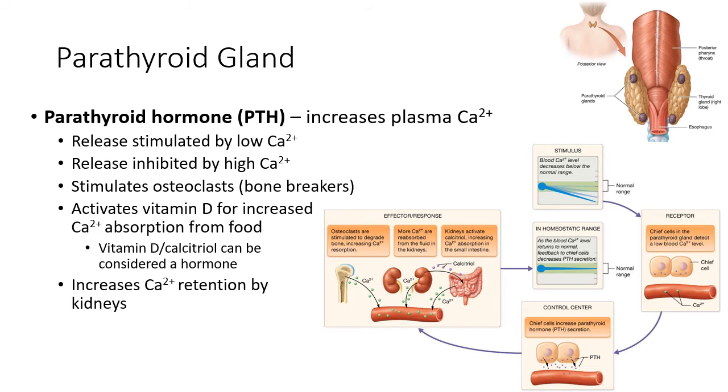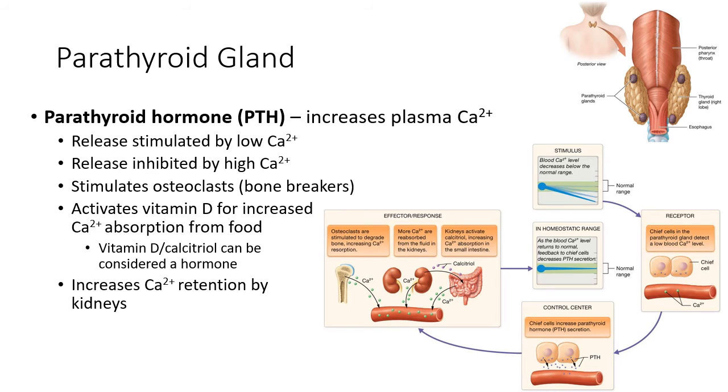Once it's activated, it will be able to act on the intestines to absorb calcium from the gut. So if you don't have active vitamin D, which is also called calcitriol, then you would not be able to absorb calcium from your gut no matter how much you eat. And then the last thing that parathyroid hormone does is increase the retention of calcium in the kidneys so that you're not losing it in your urine.